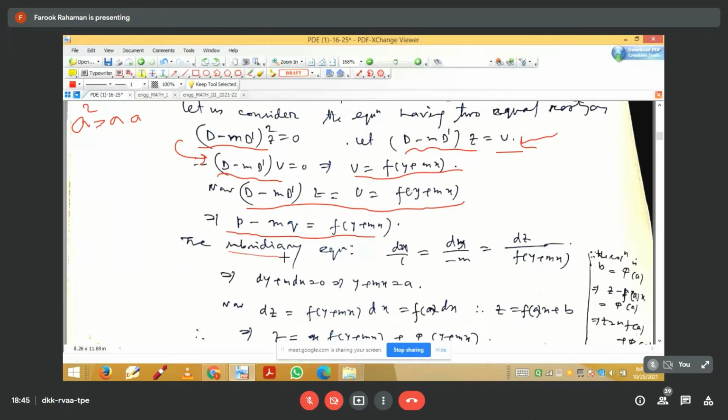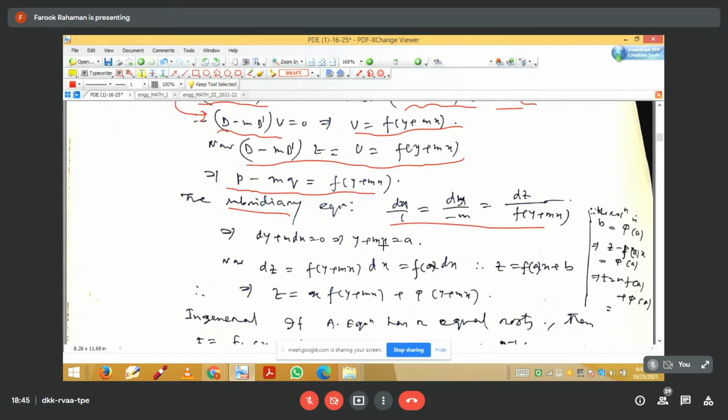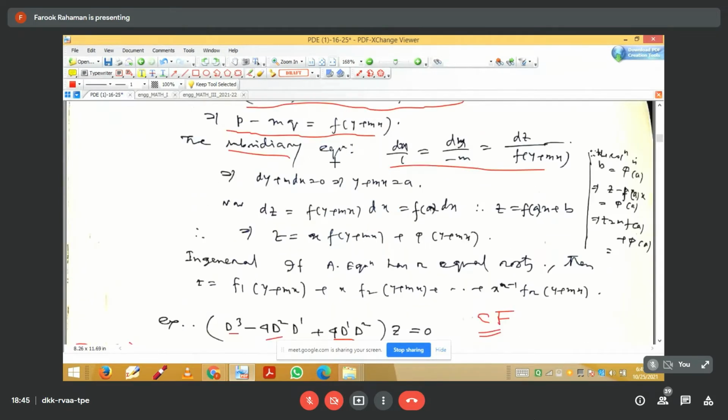So the corresponding subsidiary equation can be written in this form. We have already mentioned this in the first class. So the solution is like this, that is y equal to mx solution. So for dz, one can get dz equal to this, so one can easily solve this. So ultimately the solution is like this.